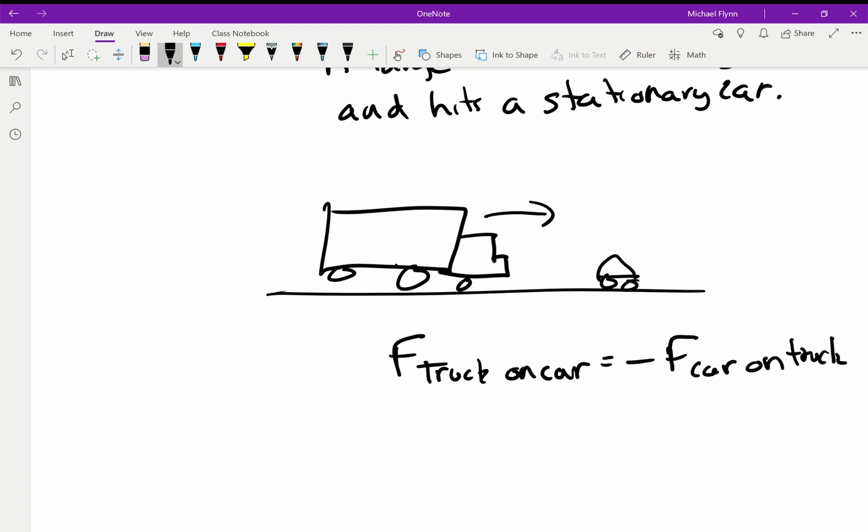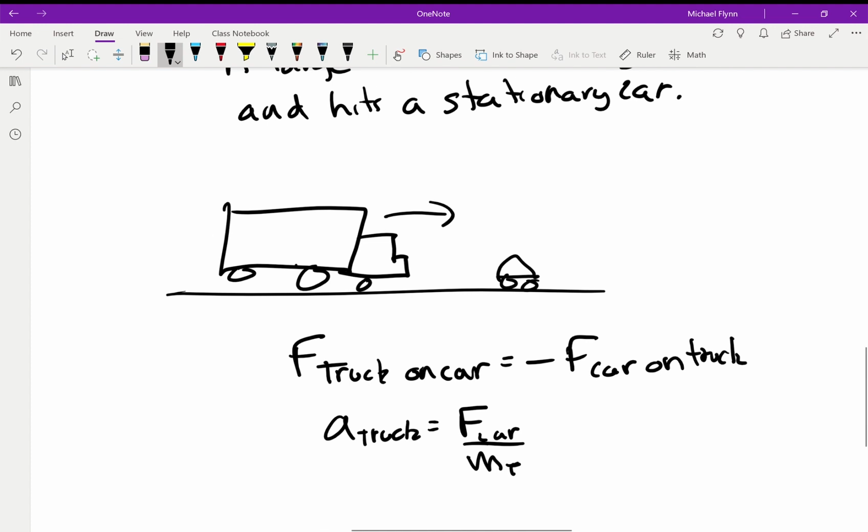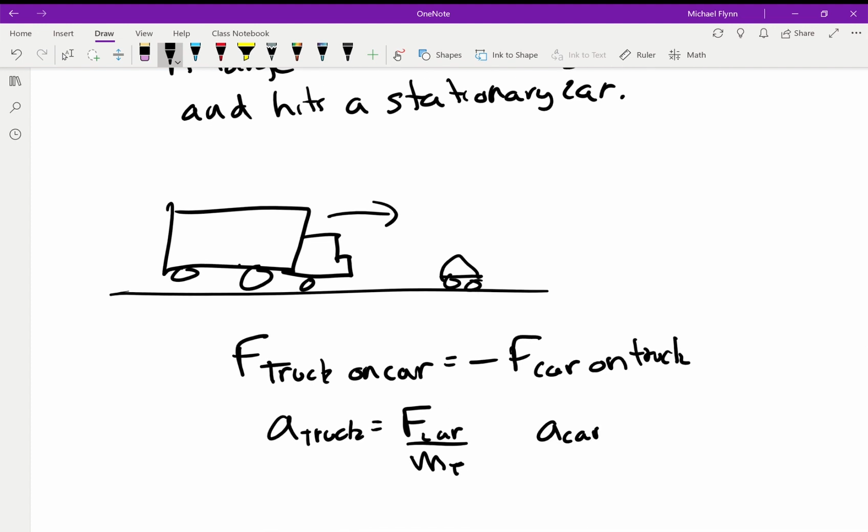So the acceleration of the truck would equal this force of impact, the force of the car hitting it, divided by the mass of the truck. And the acceleration of the car is equal to the force that the truck is exerting on it, divided by the mass of the car.